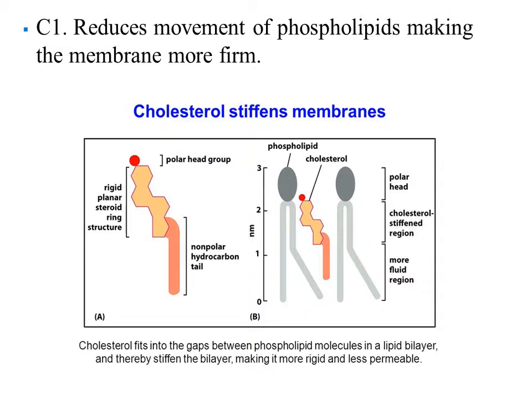So cholesterol is going to make the membrane stiff because it reduces the movement of the phospholipids. The phospholipids are constantly moving side to side. We call it lateral drifting. If you start embedding cholesterol molecules in the interior of the cell membrane, it's going to stop the phospholipids from moving.